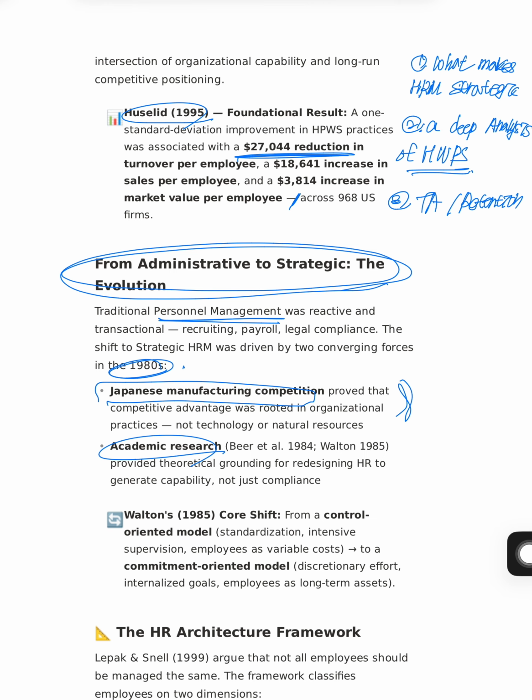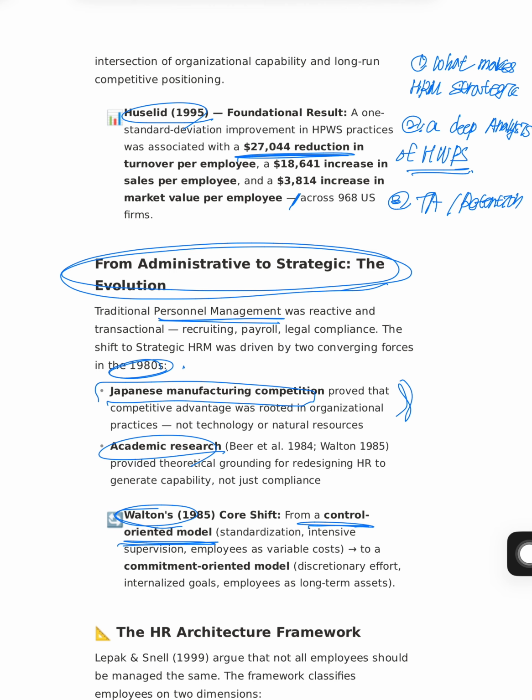So the transformation Walton described was from a control-oriented model, in which work was designed for maximum standardization, supervision was intensive, and employees were treated as a variable cost to be minimized, to a commitment-oriented model, in which work was designed to elicit discretionary effort.